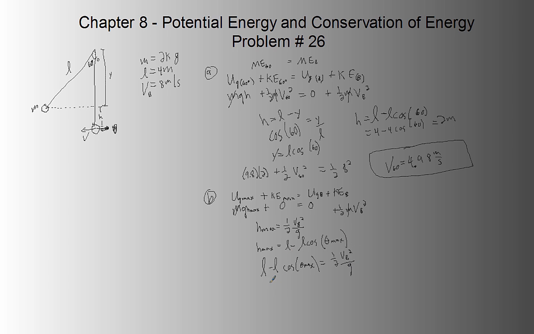And plugging in numbers, we got 4 minus 4 cosine theta max equals 1/2 times 8 squared over 9.8. Algebra, solve for theta max equals 79.4 degrees. And as I guessed, it should be larger than 60 because we've gone up higher.